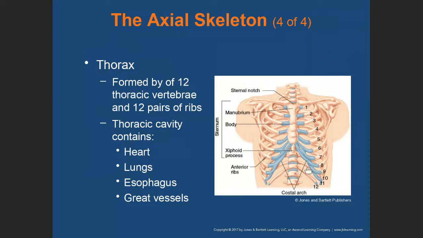Now, pairs 8, 9, and 10. From 8 to 10 are not directly attached to the sternum. They are attached to cartilage, which connects to the sternum, right? So 8 to 10 are referred to as the false ribs because they are not directly attached to the sternum.